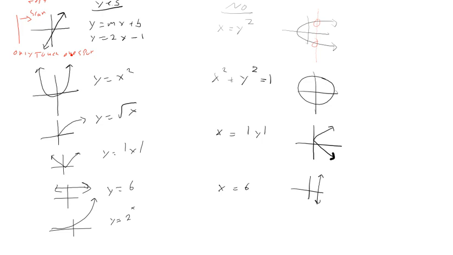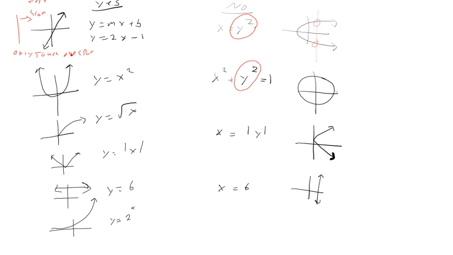Or this x squared plus y squared, or x equals the absolute value of y. When things are backwards, in reverse, that's when things get weird. So a good clue is, look at this: if you have a y squared anywhere in your equation, if y is squared, you're not going to be a function.